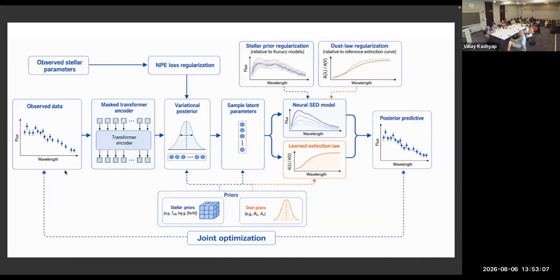The difference between a forward model and a posterior is that the forward model is a spectrum, a deterministic function.